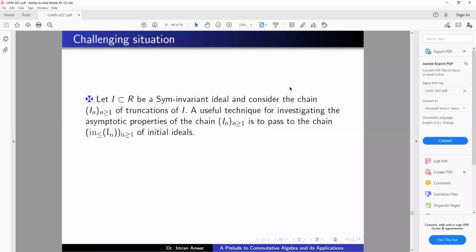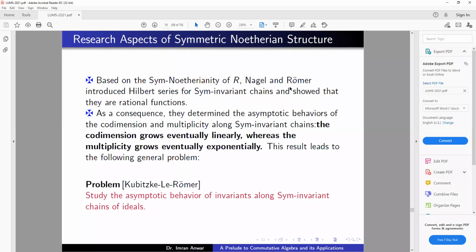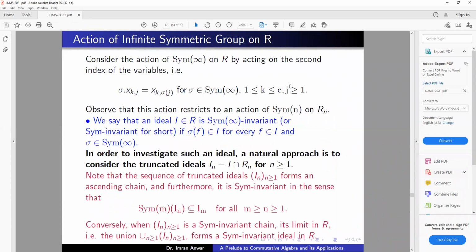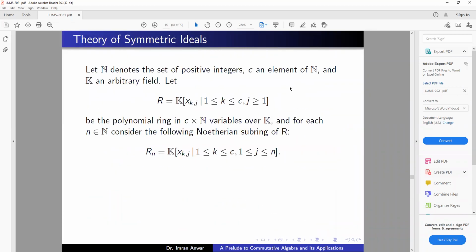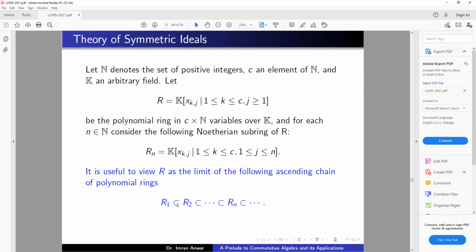This question is very good, and the graded structure exists in each step. R1 is a graded ring, it has its own grading. R2 is a graded ring, it has its own grading. Rn is a graded ring, it has its own grading. But you can't have this kind of thing where you multiply R1 by R2 and you land in R3. This kind of thing is not there.